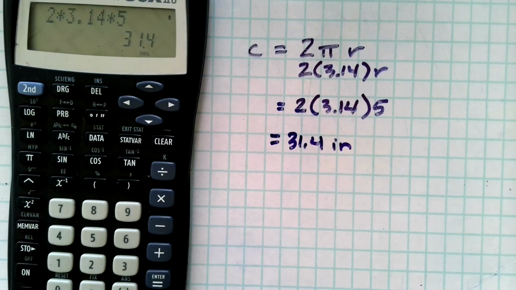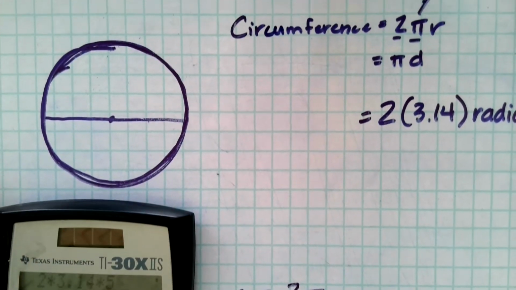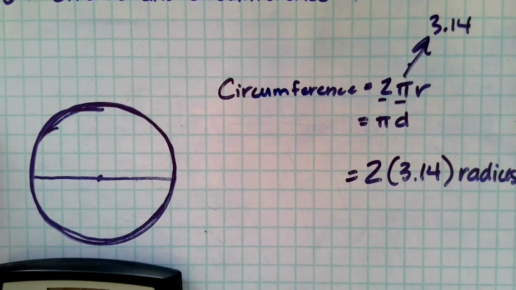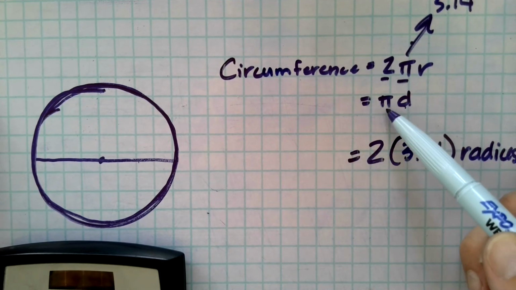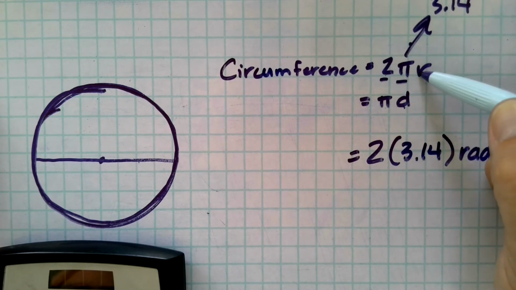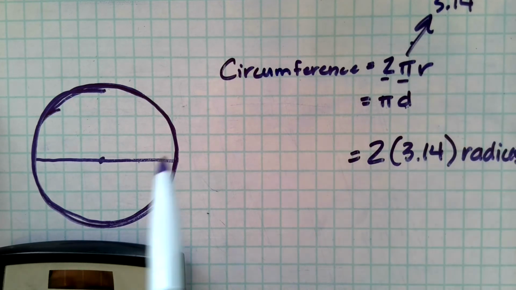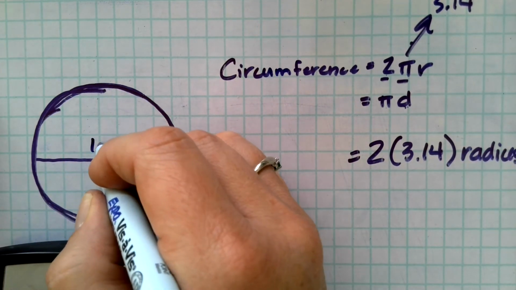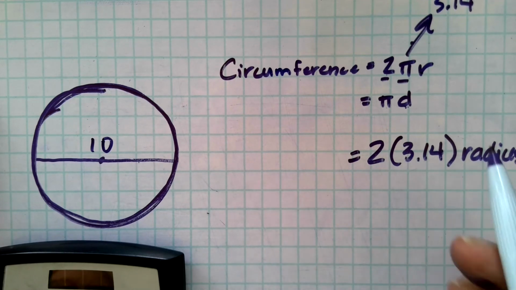All right, so let's try one with diameter too, because if we go back to our original definition of circumference, it's also equal to pi times the diameter, because we know that twice the radius is equal to the diameter. So if we know that the diameter is 10 here, we could figure out the circumference.